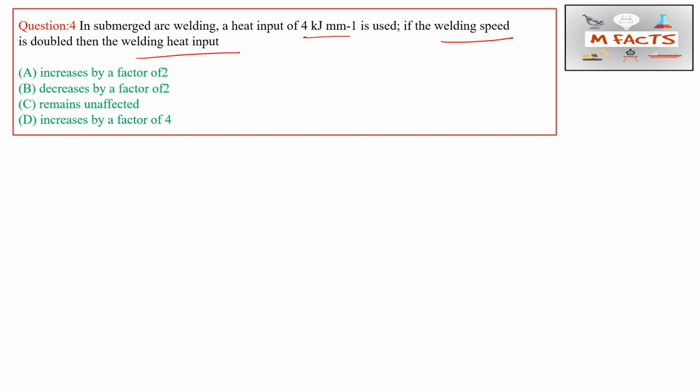We will write Q is equal to, and this efficiency is the same for both processes, so we will avoid this value. So we can write Q is equal to Vi by V. Other parameters are the same. So we have to compare this Q value by V.